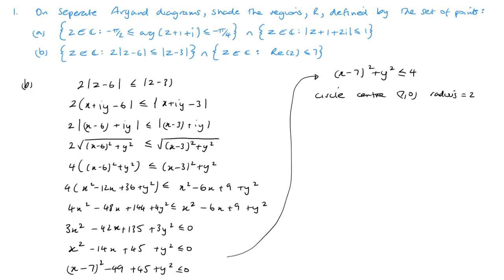So let's draw a set of axes. So I've got a circle of radius 2, and that will be like that, at 7, 0. Then I've got real z less than or equal to 7, so that's going to be this vertical line.